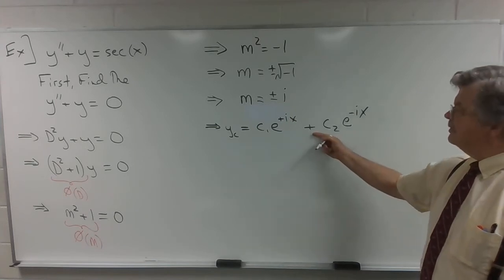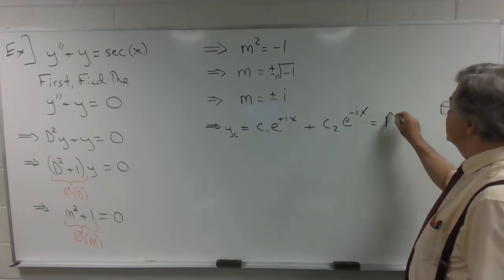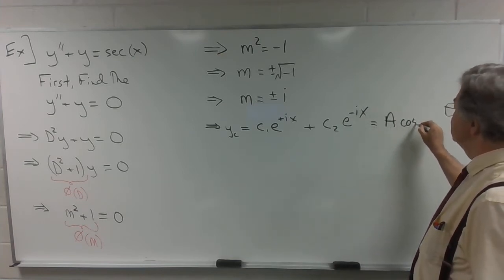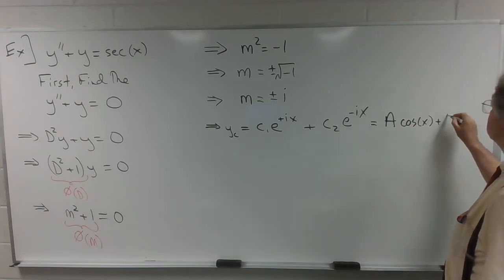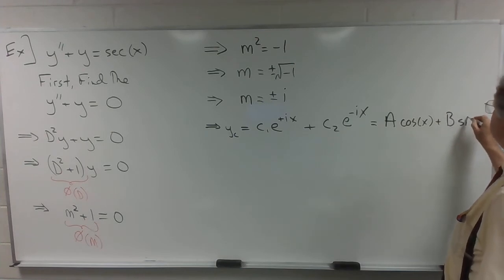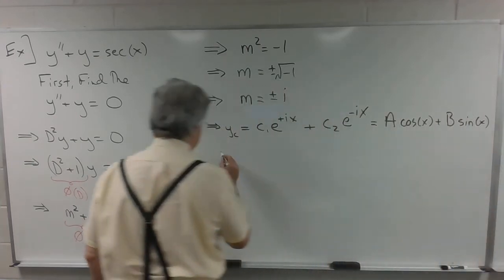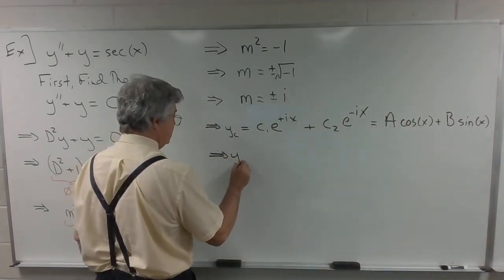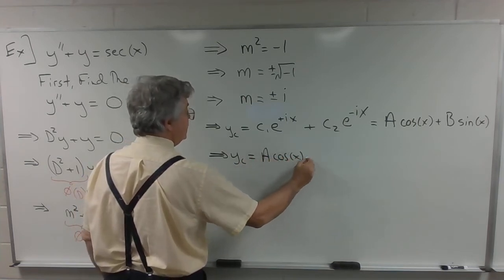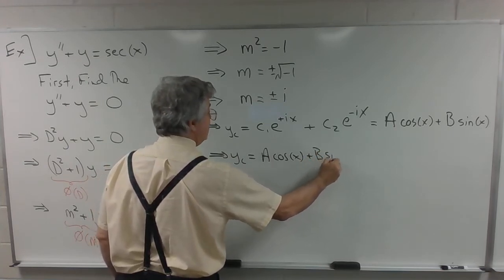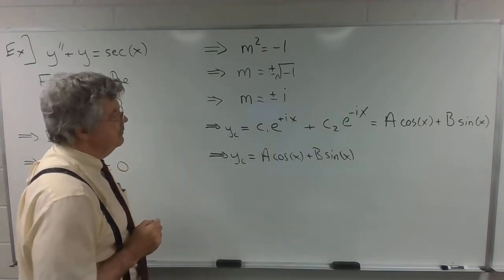And we know what this turns out to be, don't we? This is the equivalent of some constant a times cosine of x plus some constant b times sine of x. There. That's our complementary solution.